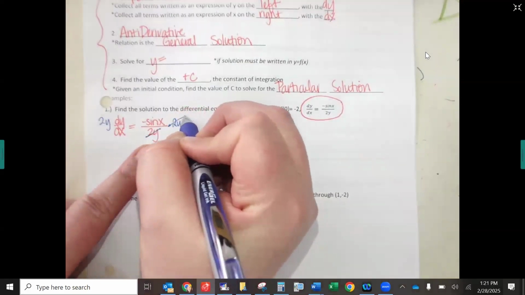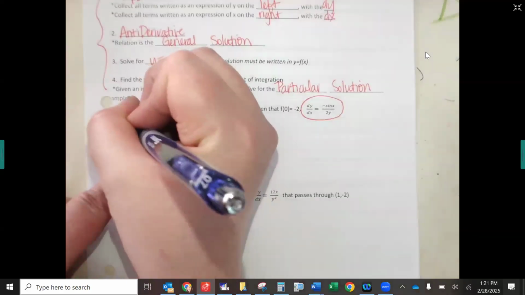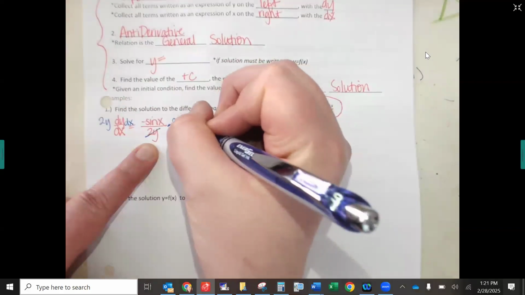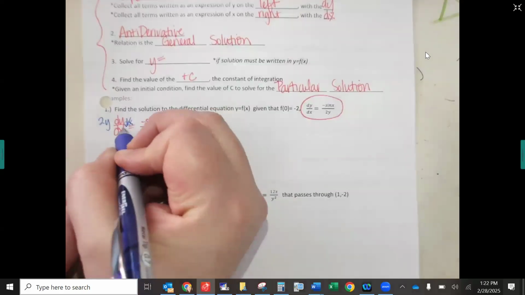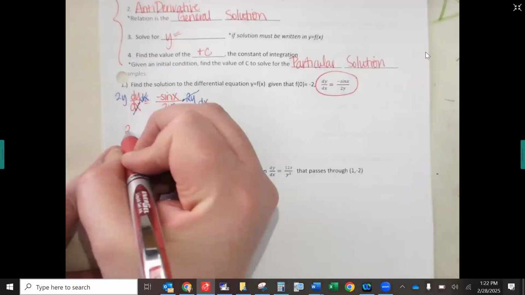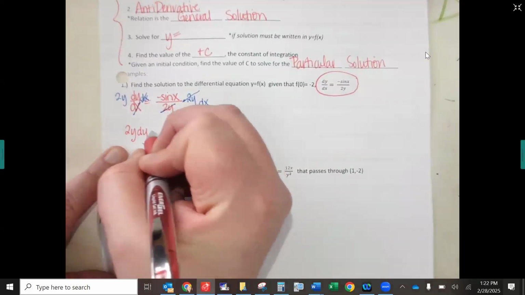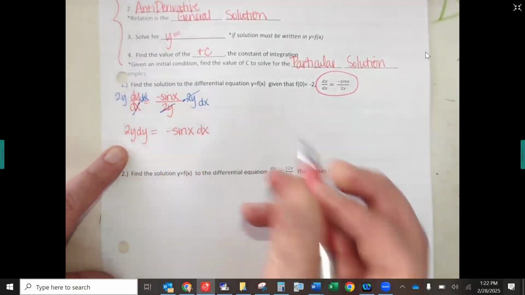Very good. The other thing that I'm going to get rid of is the dx on the bottom. So I'm going to do a dx here and a dx here. And then on the left-hand side, now I have a dx on top and on bottom. What can happen with those? Cancel them out. So here's what's left. I have a 2y dy and a minus sine x dx.